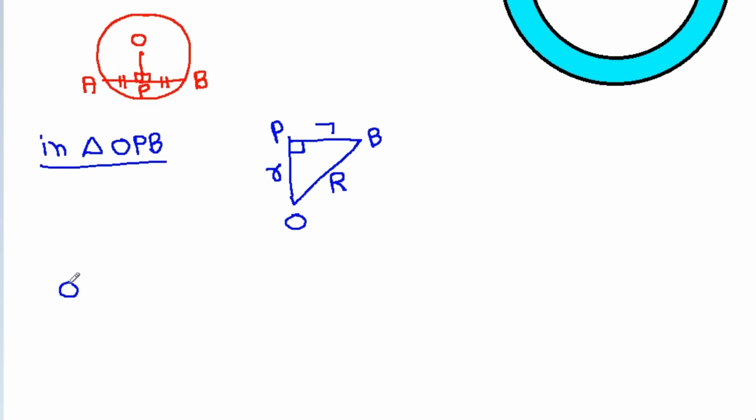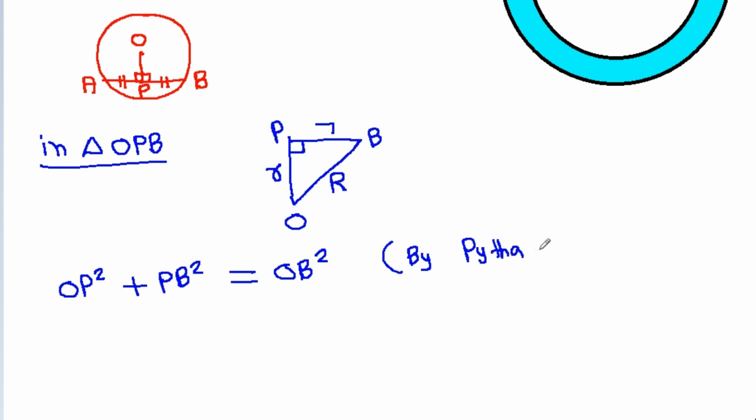So, OP square plus PB square will be equal to OB square by Pythagoras theorem.